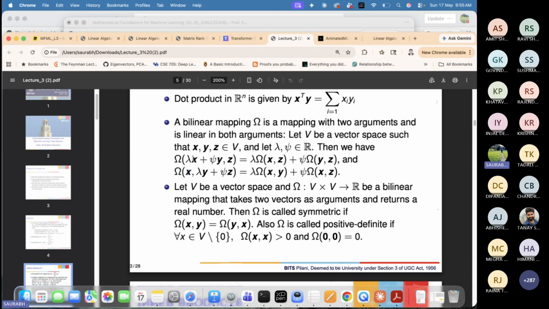So here we are first scaling the first vector, and in the second one, we are scaling the second vector. It has to behave similarly, in the same way. It cannot be that scaling the first vector and not scaling the second vector and taking the inner product would be different from what it is. So that's why you see on the right hand side, the things are the same.